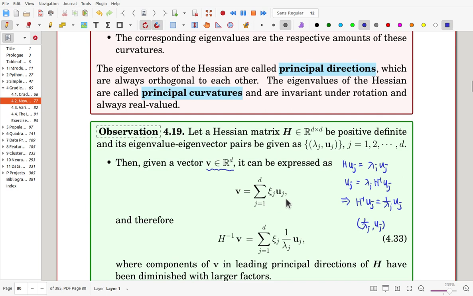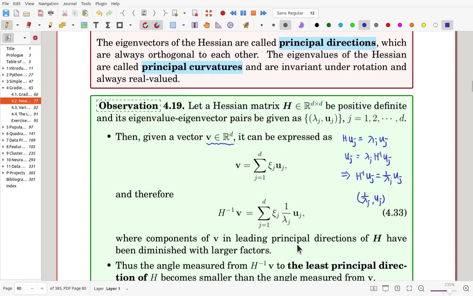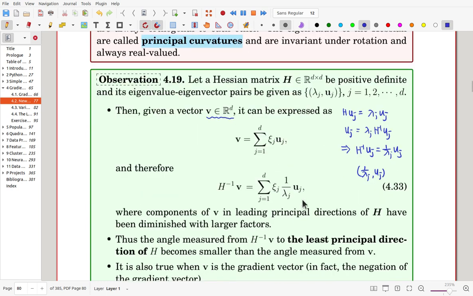So H inverse u_j is the same as 1 over lambda_j u_j, and it is replaced in this way. And assume that lambda_1 is the largest one in modulus, then lambda_2 and so on, so that the smallest one is lambda_d.